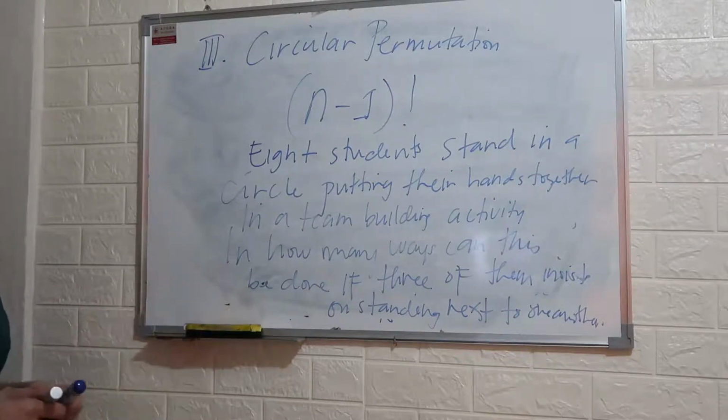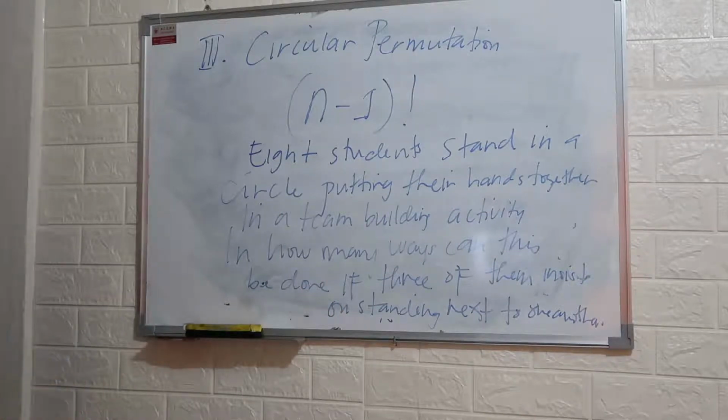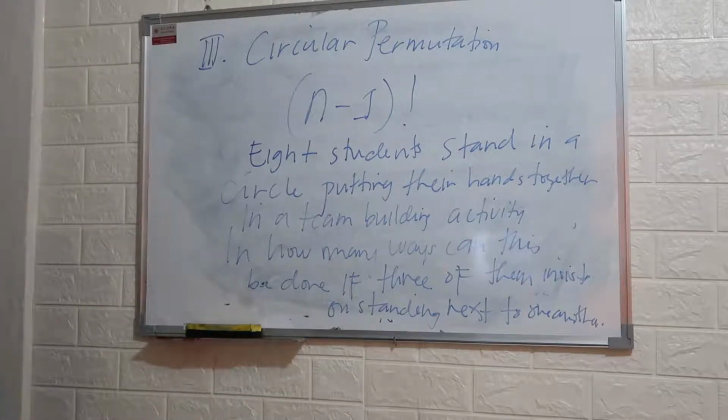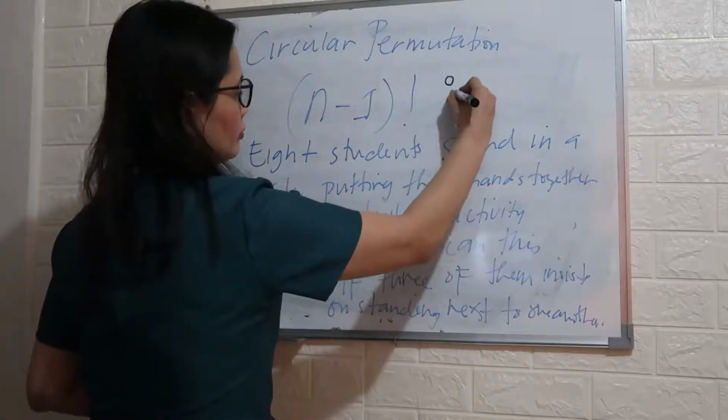In how many ways can this be done if 3 of them insist on standing next to one another? How do we answer this one? So there are 8 students.